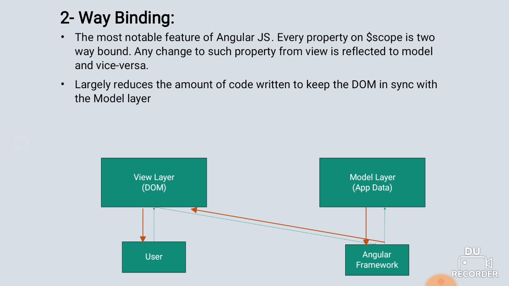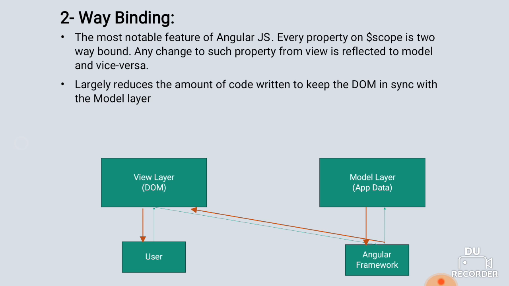Or if you change the data on the screen, it should automatically get reflected to the model and the value should change on the fly. You can see on the figure below, if the user interacts with the view layer, then the view layer via the Angular framework updates the model layer also. Or if there is any change in the model layer, via the Angular framework again the view layer changes. This is how the two-way binding works.